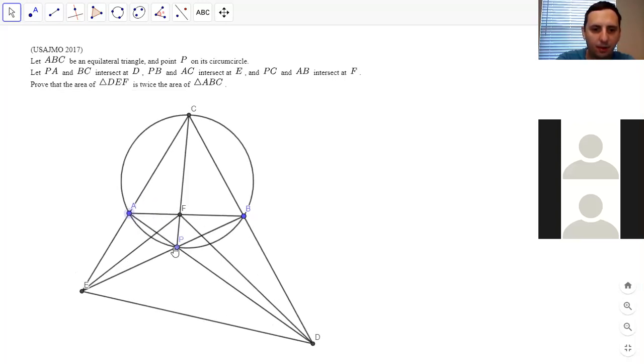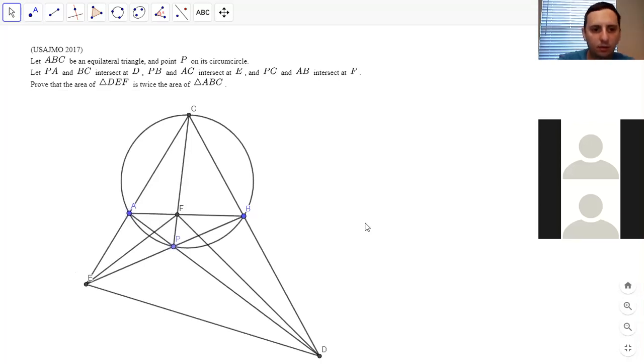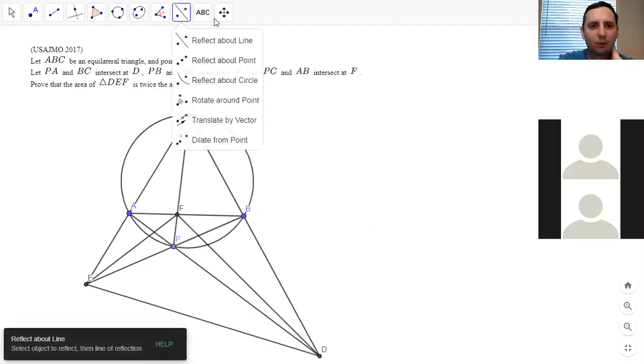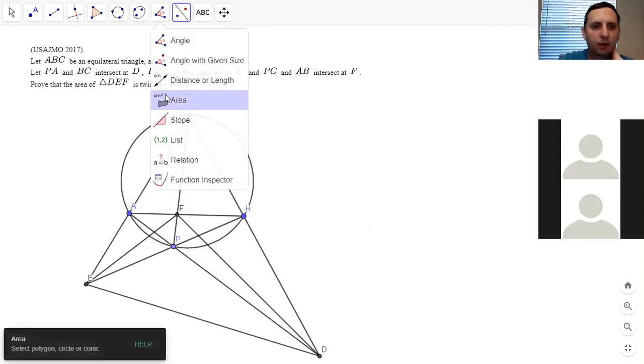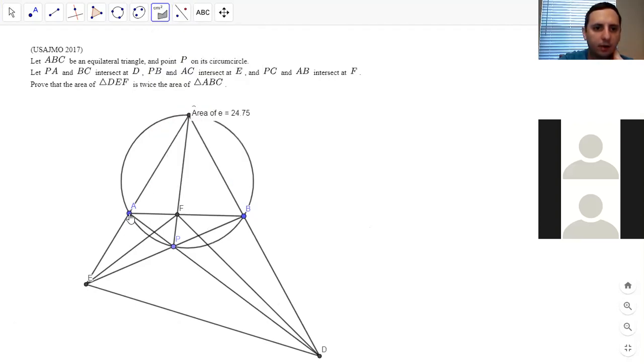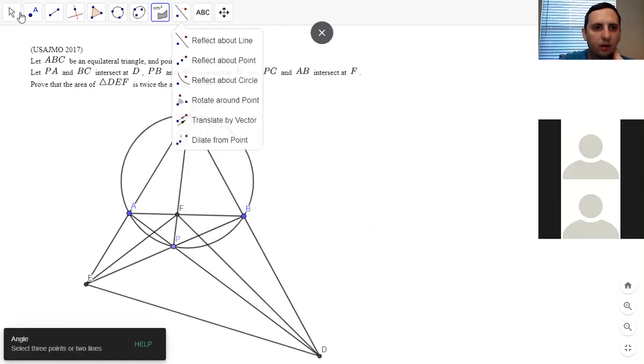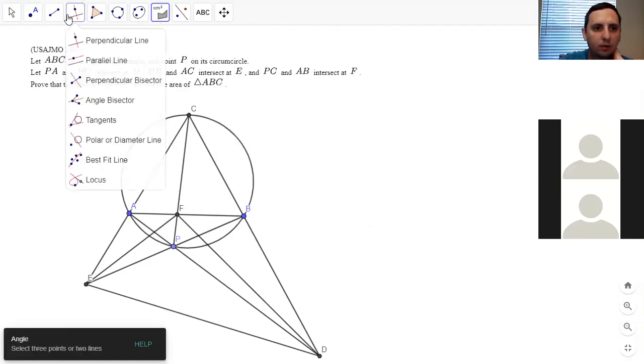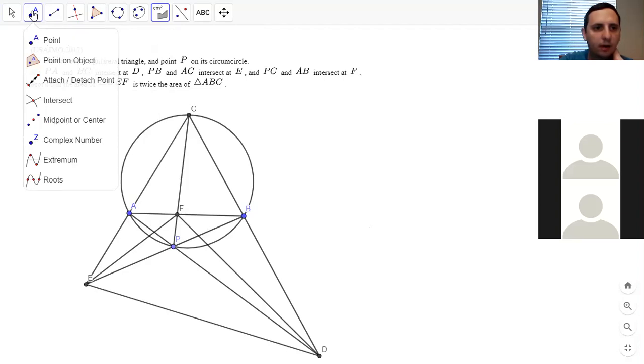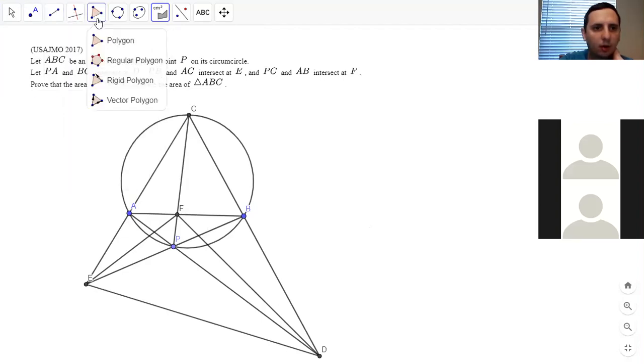We could use GeoGebra just to check that's actually true. So the area of ABC. Why is it giving me the area of a single point? What I could do, isn't there a polygon? Oh, this.